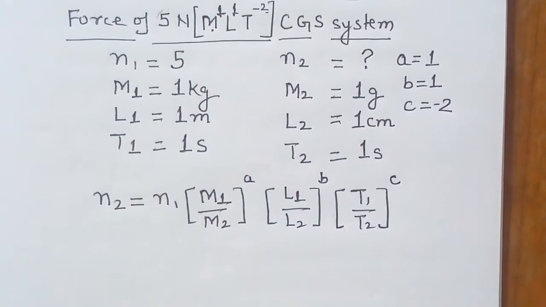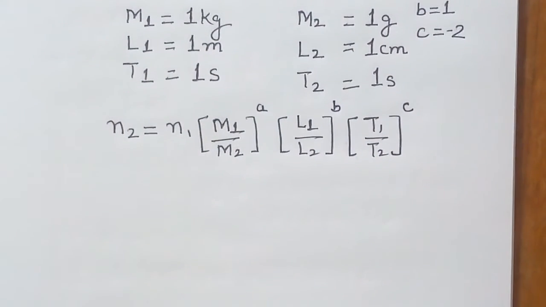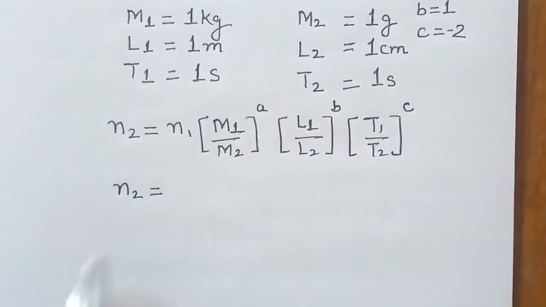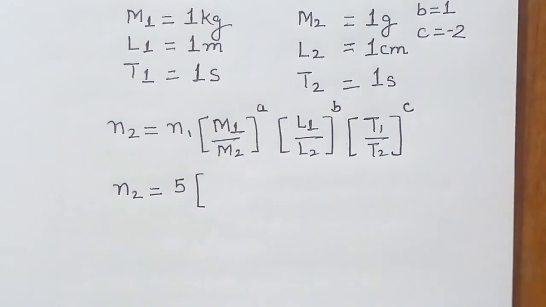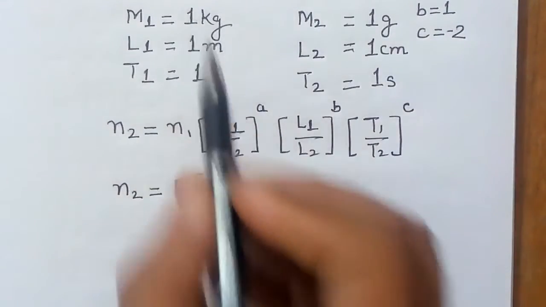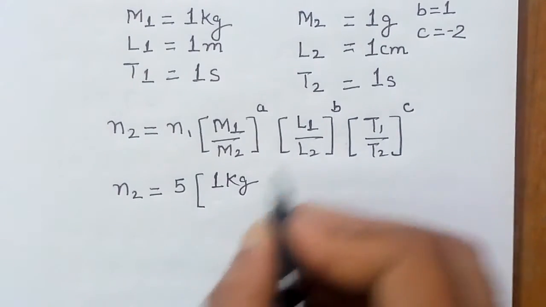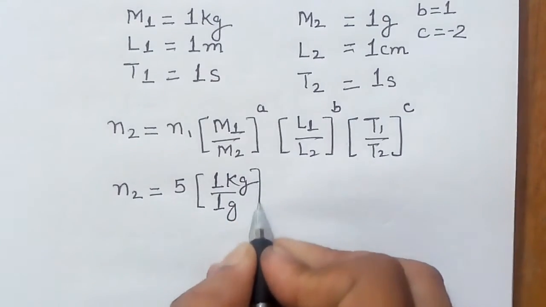Now, after substituting the values, we get N2 equal to N1, and N1 is 5. Now listen here, M1 is 1 kg and M2 is 1 gram, to the power 1.